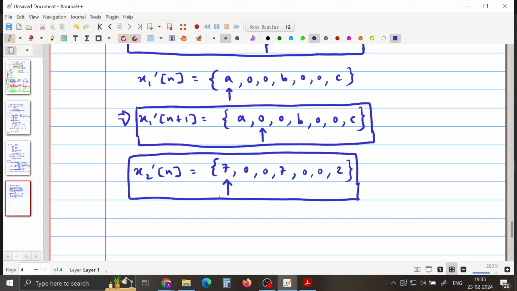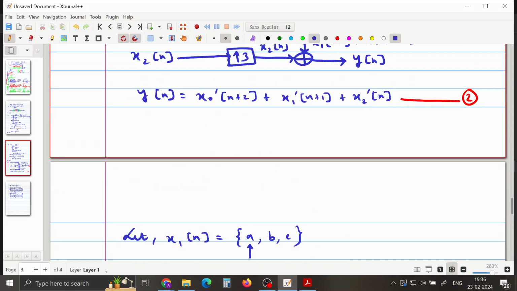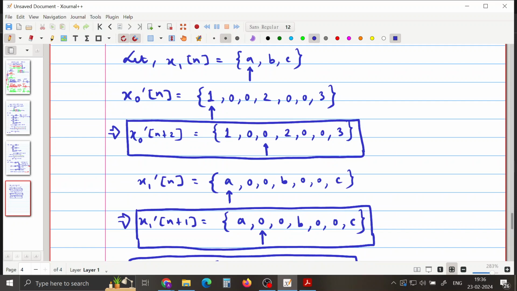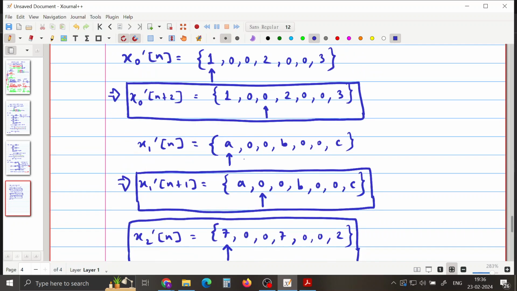Okay, so these three sequences which are enclosed in the box are the three sequences which we want to add together. That will give me y of n, because that's what equation 2 tells me, right? So we'll add them together. Basically you take these three sequences and add the samples corresponding to that particular index and so on.